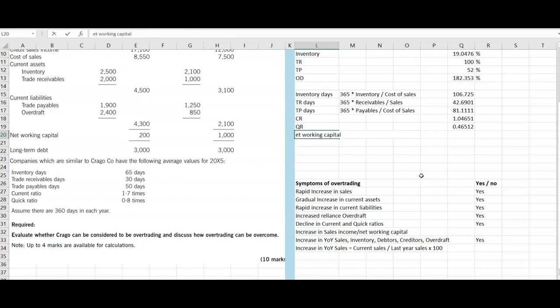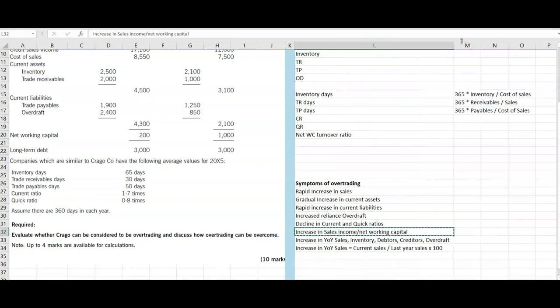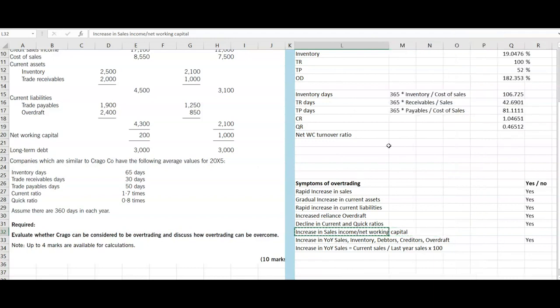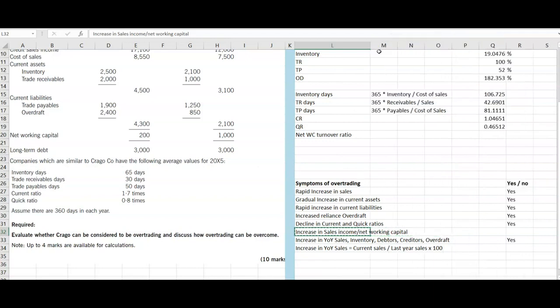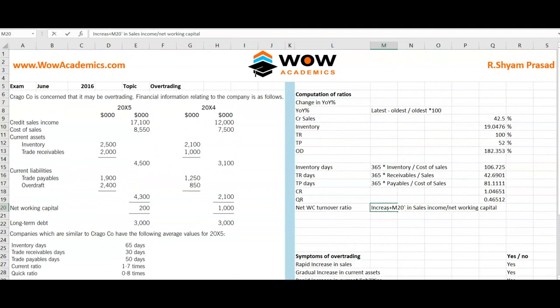The formula is sales by net working capital.